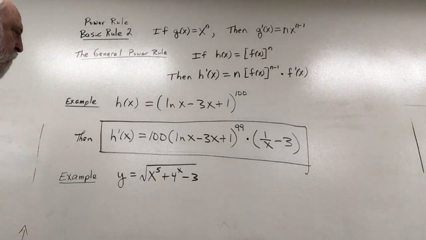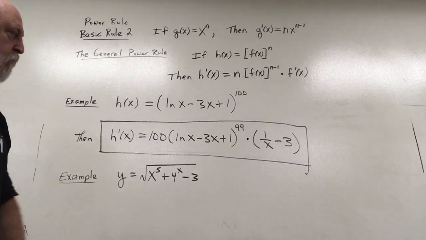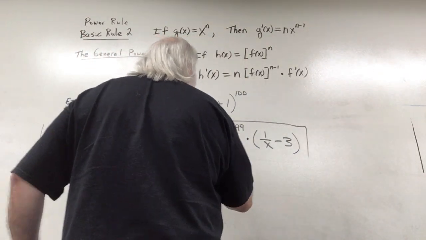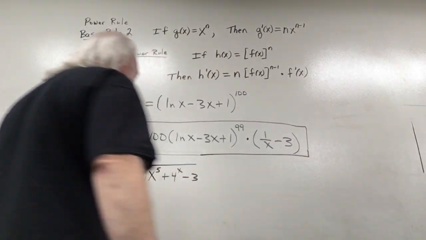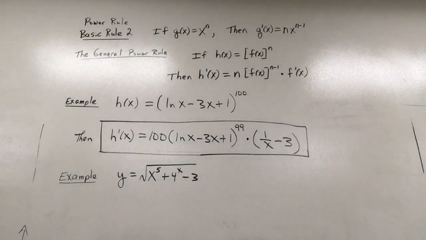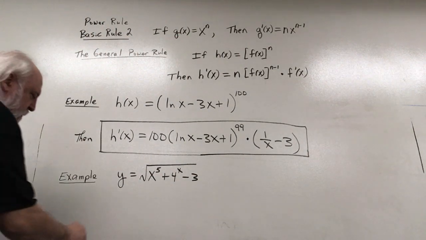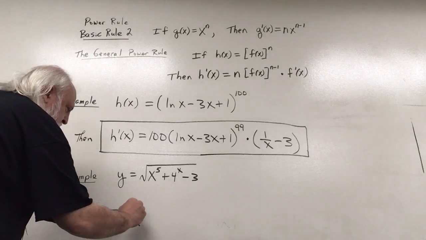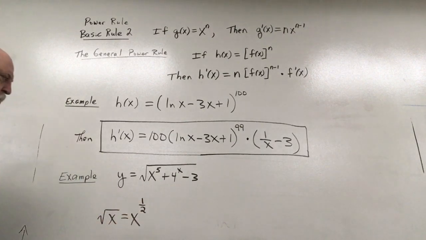And you know that before we can differentiate this, we got to deal with the square root. From earlier in the semester, you know the square root of x is equal to x raised to the 1/2 power.